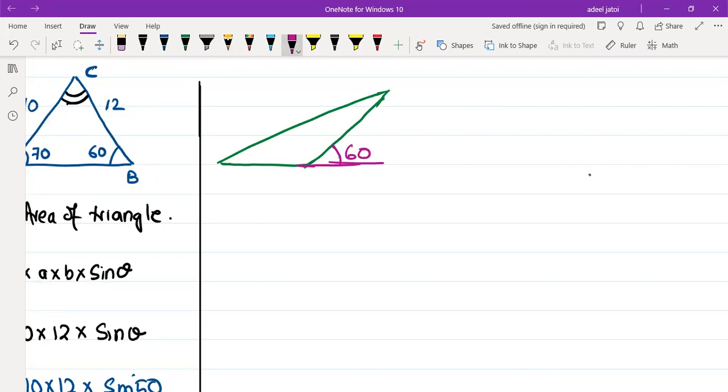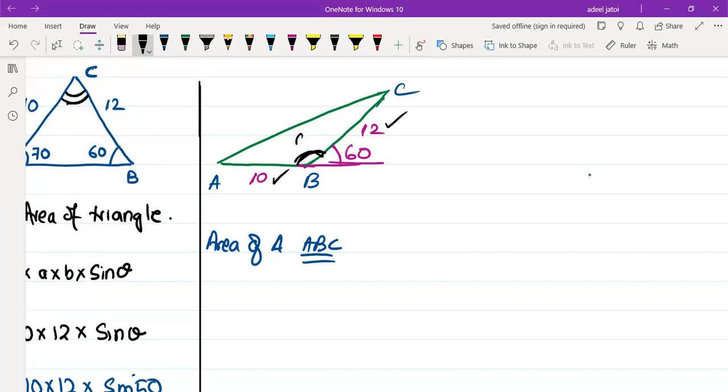You will be told to find the area of ABC. I know that the adjacent sides are 10 and 12, and I can easily find this angle.